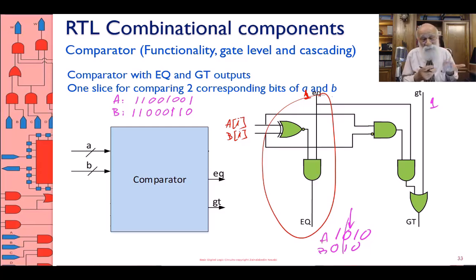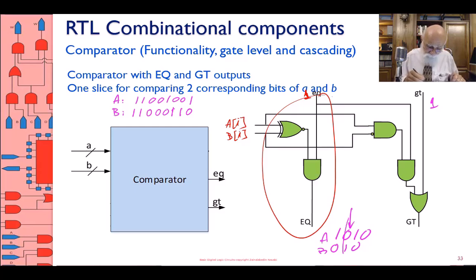So what do you say? Well, you say, since the decision has been made by upper level bits, who am I to decide? If the decision has already been made by upper level bits, lower level bits are in no position to override that decision.